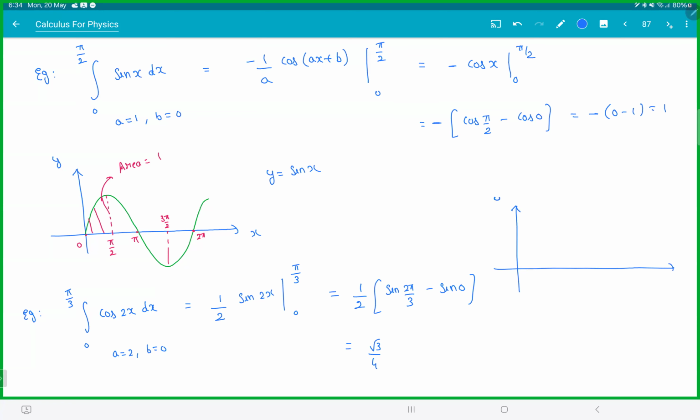If you try to plot y equals cos 2x, when x is 0, y is 1. It starts from the peak value and goes like this. This is 0. This is pi by 4, because this is 2x and the function becomes cos 90, which is 0, when x is pi by 4. This guy is pi by 2.